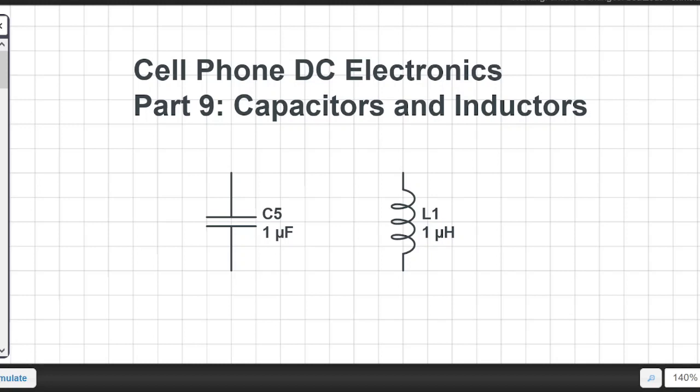So capacitors tend to be more voltage centric, and inductors are more current centric. Capacitors tend to oppose a change in voltage, and inductors tend to oppose a change in current.